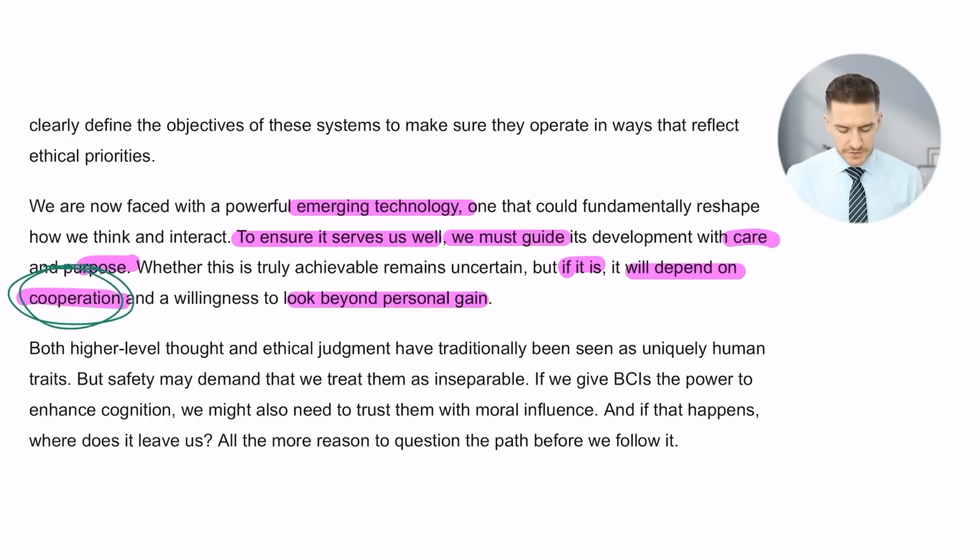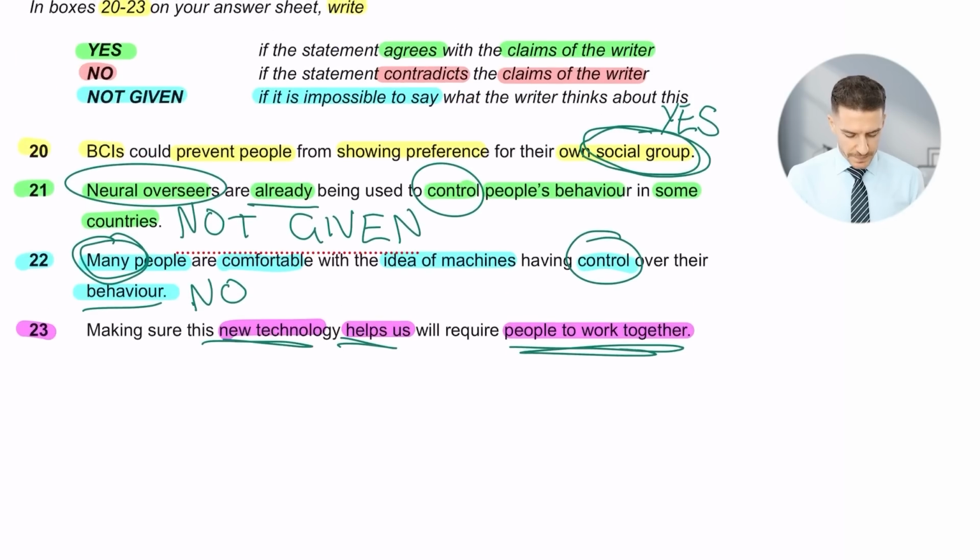So it's talking about, or the statement was talking about a new technology. And remember, it talked about benefiting us. And it also talked about working together. And that's what I can see right here, that cooperation. So it looks pretty good. It looks like the answer there will be yes, but we'll just quickly double check. Making sure this new technology helps us will require people to work together. Yes, the answer there is definitely yes.